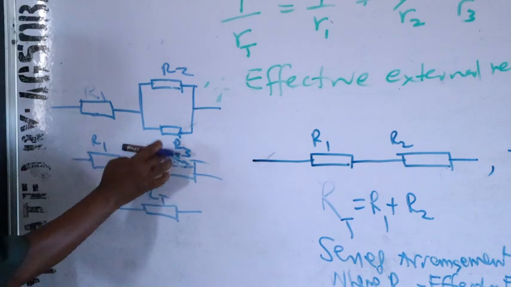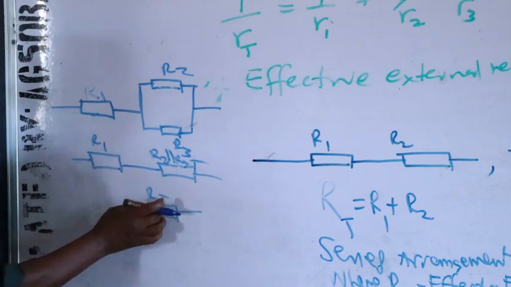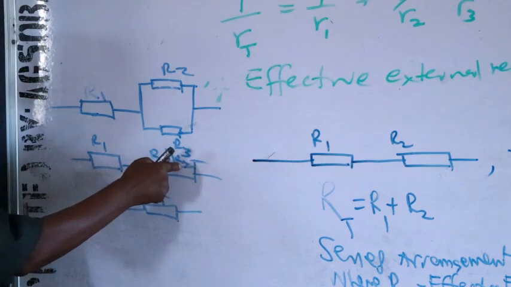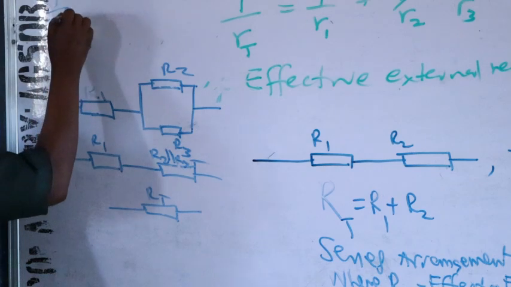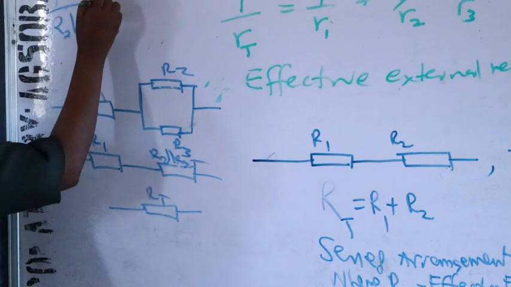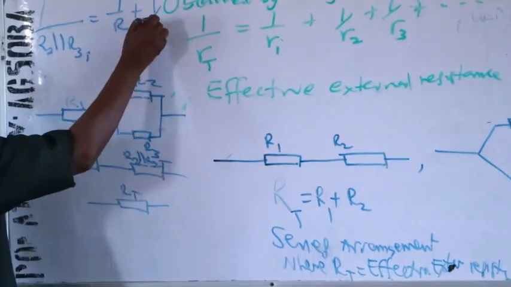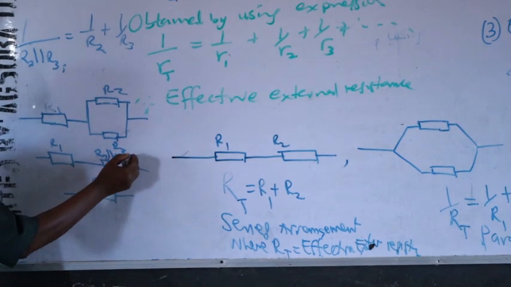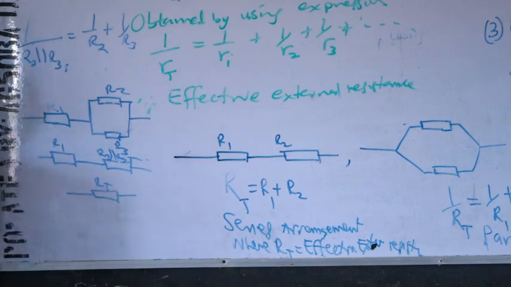You first find the combination of R2 and R3, get the answer, and now add the two together. Because R2 is parallel to R3, 1 over R2 parallel to R3 total equals 1 over R2 plus 1 over R3. So that you can get the value of this and put it here. When the value is known, we now add the two. There is now series. Add together to obtain the last answer you're looking for.